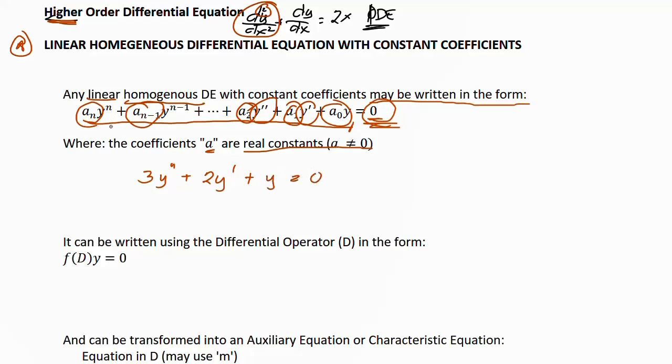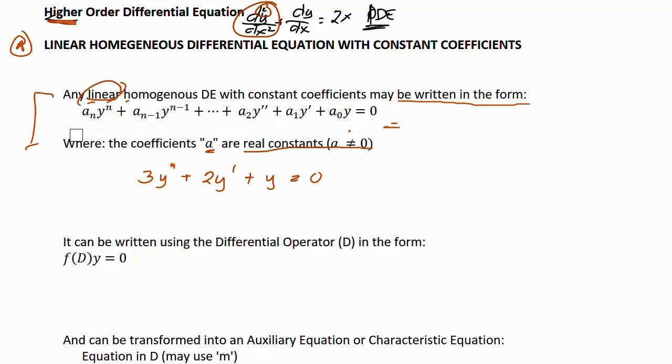So for example, we have 3y'' plus 2y' plus y is equal to 0. Let's see if this is a linear homogeneous differential equation according to this definition. We say that any linear homogeneous differential equation is a linear equation equal to 0. Since we have a second derivative of y, it is considered a higher order.